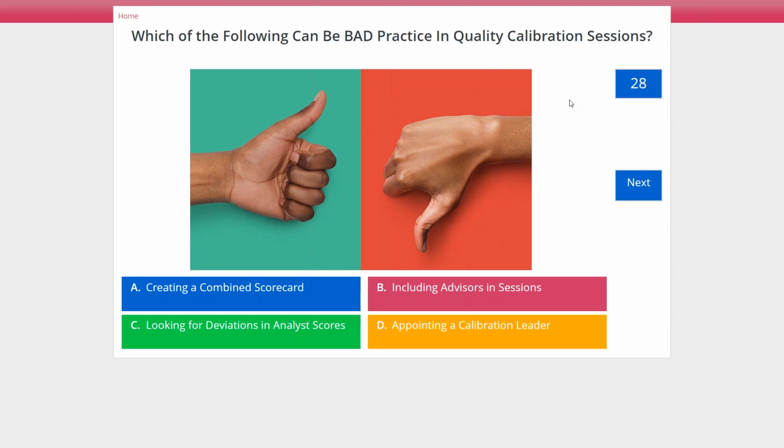A, creating a combined scorecard. B, including advisors in sessions. C, looking for deviations in analyst scores. Or D, appointing a calibration leader. Just to remind you, you need to use the buttons, not type it into the chat room.